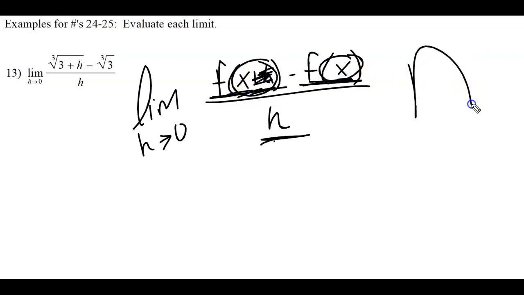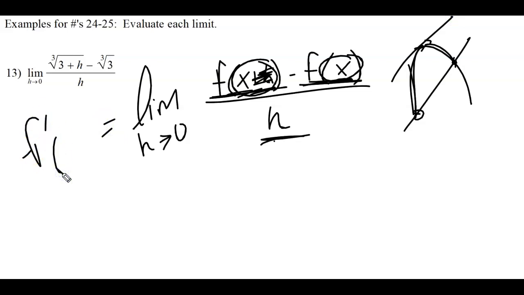So usually a slope is something that tells you the y2 minus y1 over x2 minus x1 of 2 points. But if you let those points come together into one point, you end up with an instantaneous rate of change, also known as a derivative.